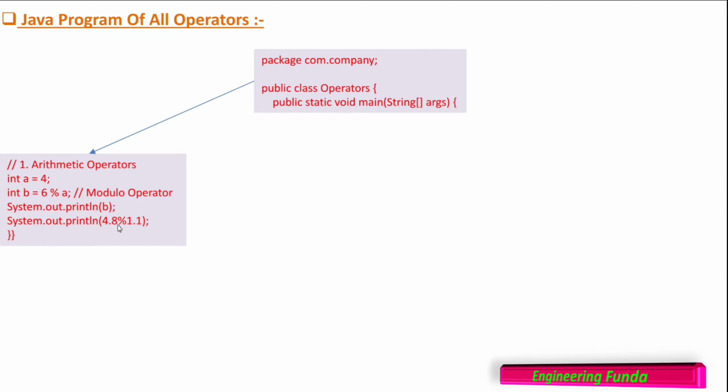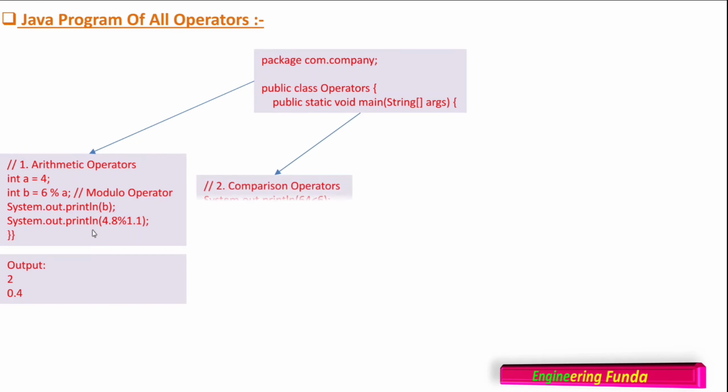So here there are two floating point numbers, 4.8 and 1.1. If we do this modulus, 1.1 into 4 will be 4.4, and the remainder here will be 4.8 minus 4.4, which will be 0.4. So here you will get this output.